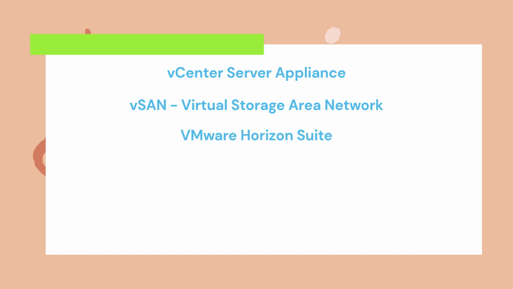VMware Horizon Suite is for virtual desktop infrastructure, a modern platform for secure delivery of virtual desktops and apps. It runs on top of the vSphere infrastructure. VMware vRealize Suite is a purpose-built management solution for the diverse data center and the hybrid cloud.